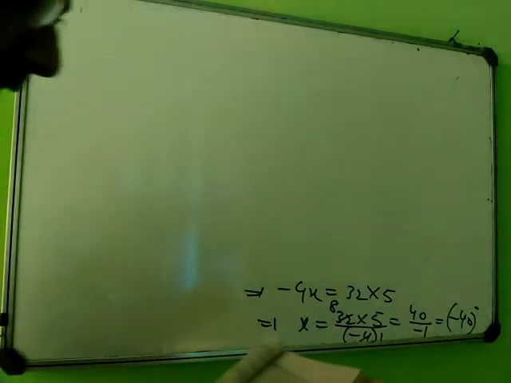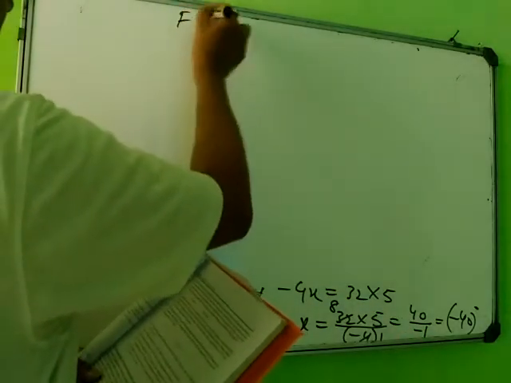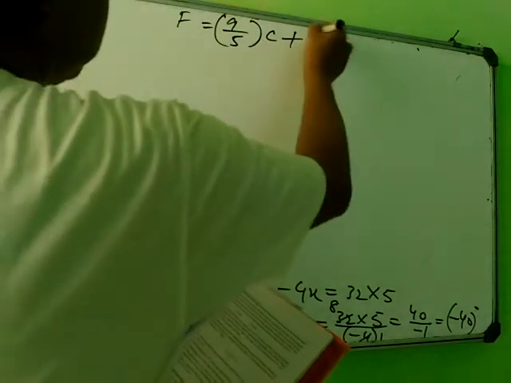So in the question they have given to draw the graph of the equation. The equation was this: F is equal to 9 by 5 C plus 32.